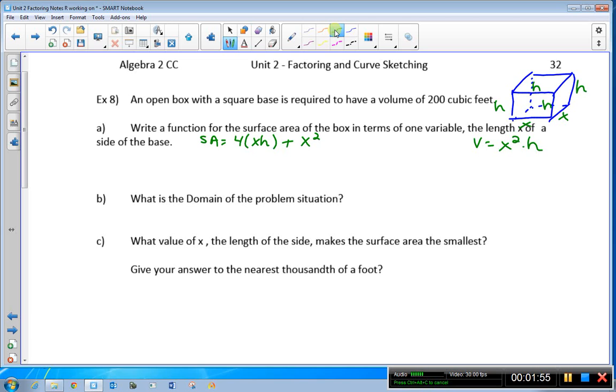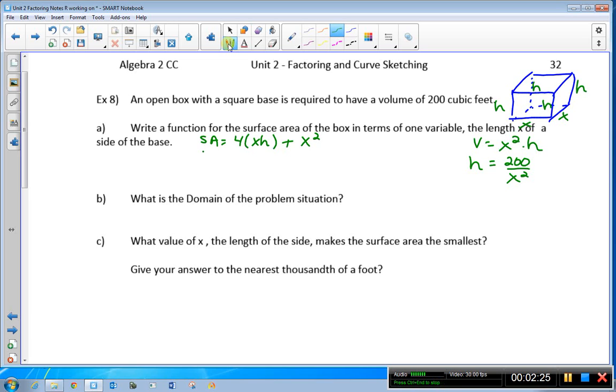I can use my volume and solve it for h, because that's the easiest thing to solve for. So if I divide both sides by x squared, then I get h is equal to v divided by x squared. And I know my volume. My volume is 200. So I can plug that in there.